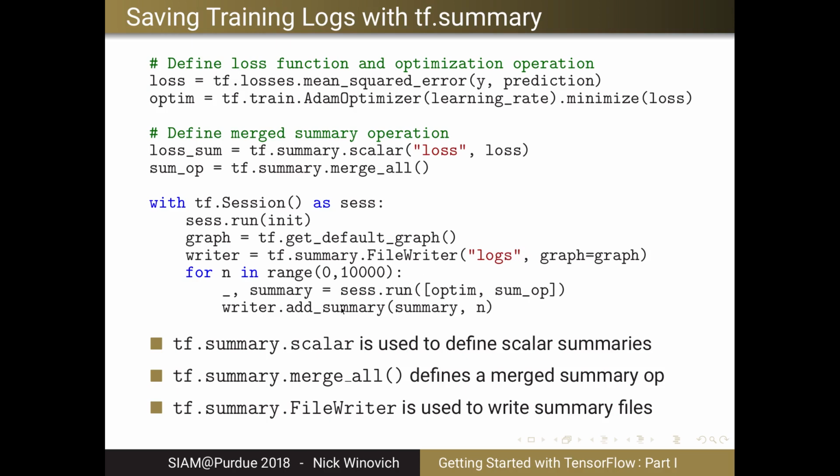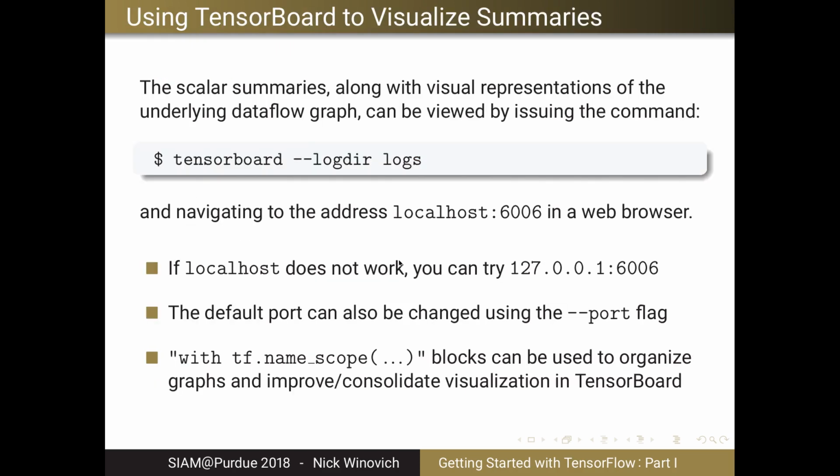Then add a summary every step in this case, or you can do every 10 steps or so on. But we just add the summary, and then at the end it will close that and give us a file which we can access. And in general, you can actually access multiple summary files, and what you really just need to give it is the log directory.